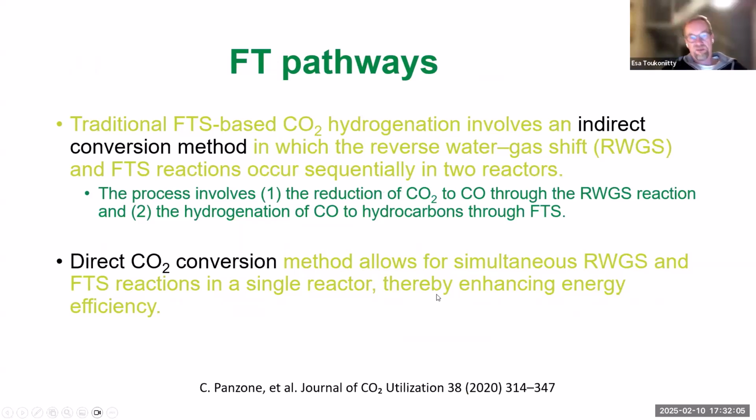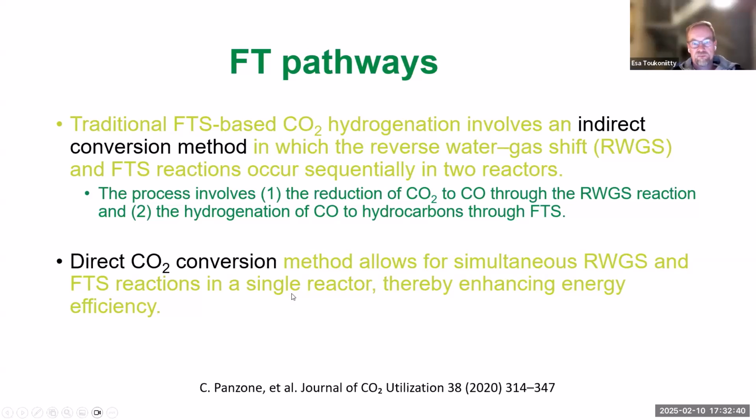The traditional fossil-based Fischer-Tropsch route is based on hydrogenation of carbon dioxide in this indirect method, which basically utilizes the water gas shift reaction. And there are 2 steps: reduction of CO2 to carbon monoxide, and then hydrogenation of that formed carbon monoxide.